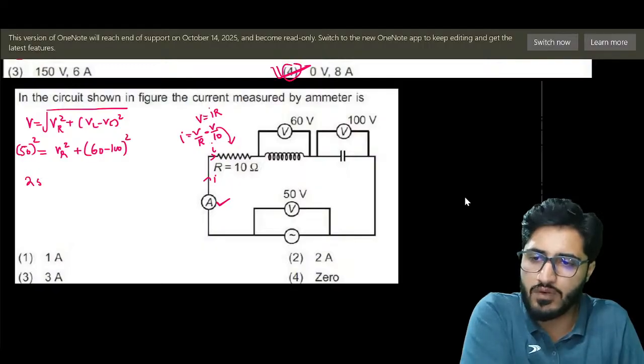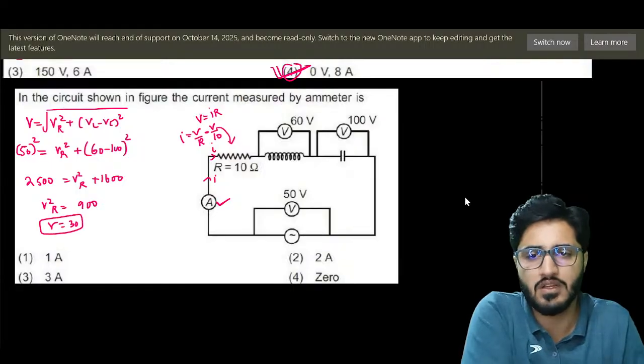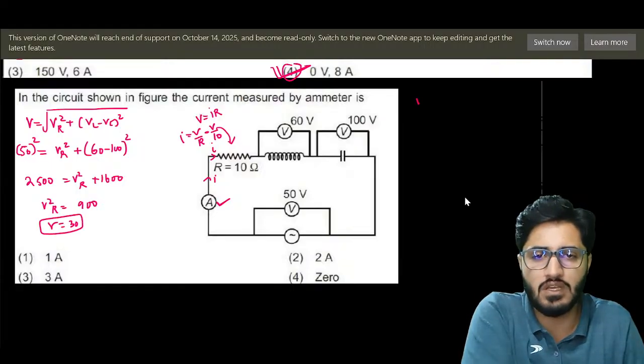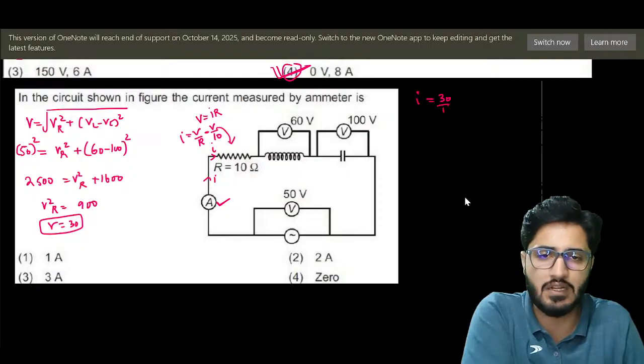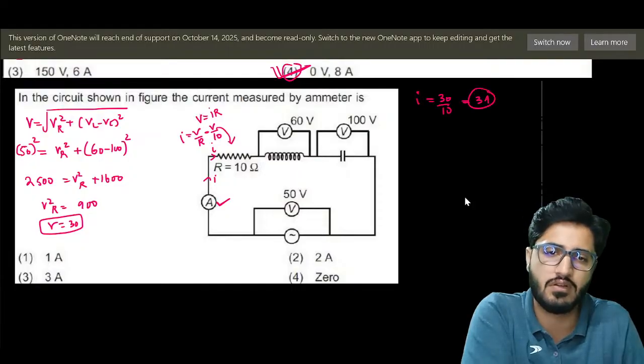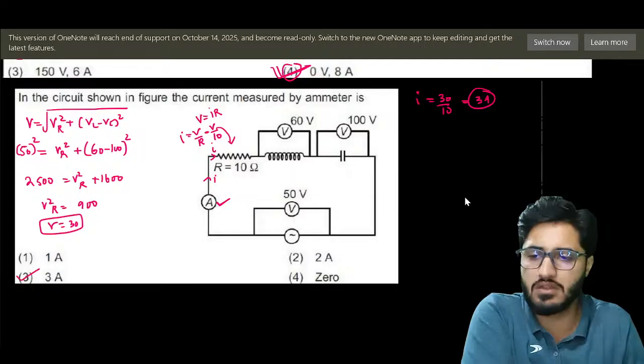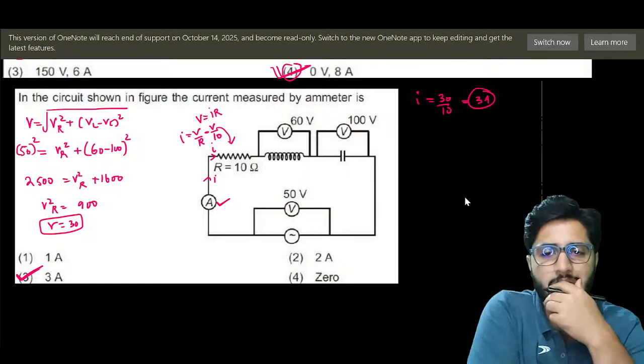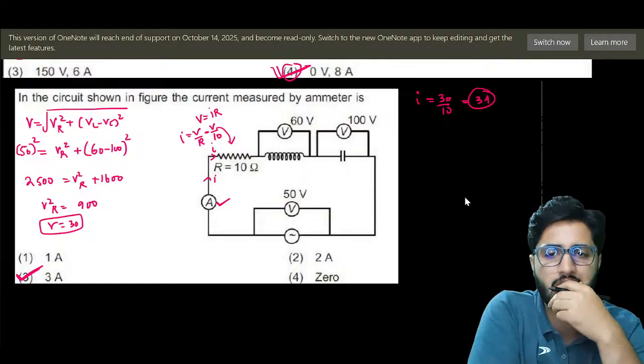It is 2500 equals to V square R plus 40 square, 1600. So my V square R came out to be 900. So VR came out to be 30. So now I equals to 30 by 10. So it is 3 ampere.